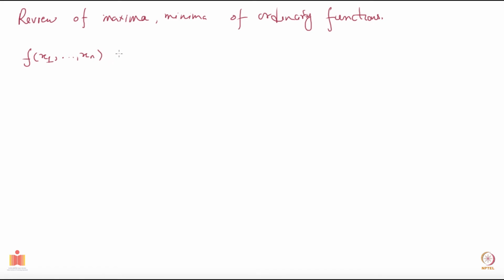Then about a regular point I can always do a Taylor expansion, if there are no singularities there. Let's say I want to expand it about some point x bar, which is basically this set x1 bar to xn bar. So that point x bar is really all these things evaluated at that point.